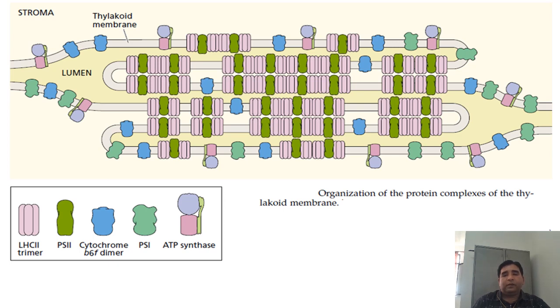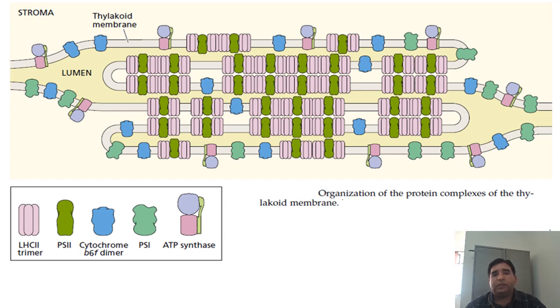Here the structure of the granum is shown in detail. We can see here the membrane of the granum is a typical membrane structure, a lipid bilayer, and proteins are found in different places.